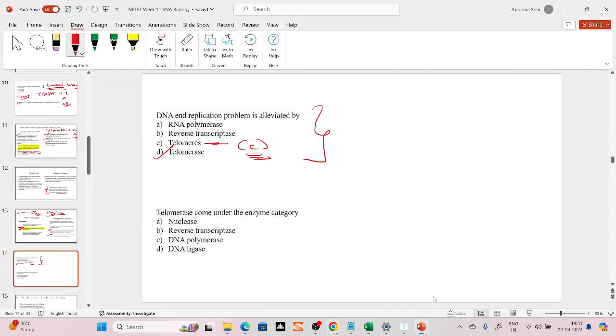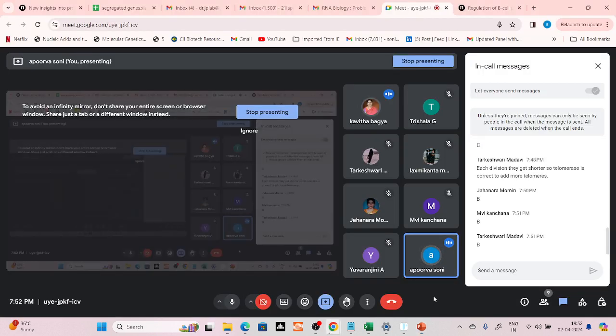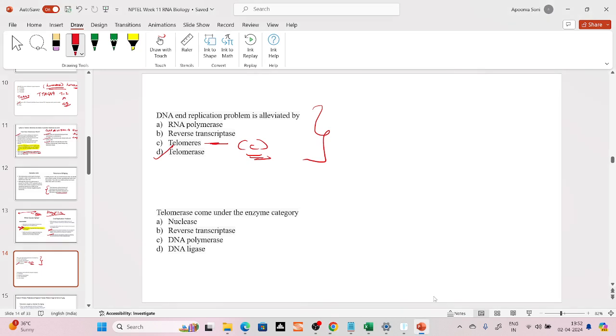The answer is telomerase, because the problem can be reduced if you have telomerase enzyme that can add more telomeres. But in your assignment, the answers that they have given to us are telomeres.